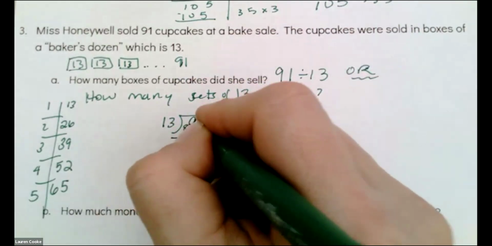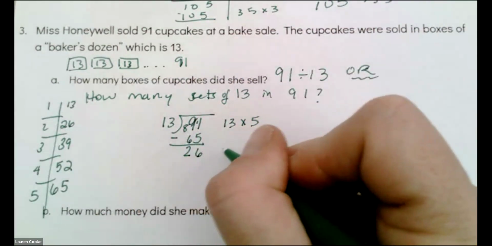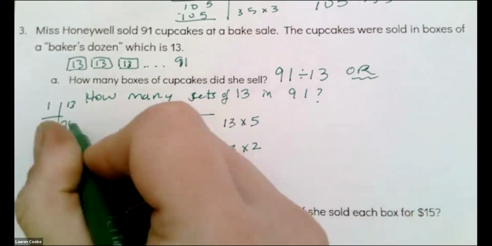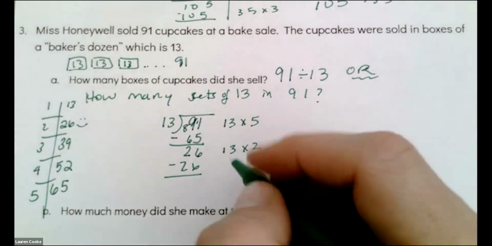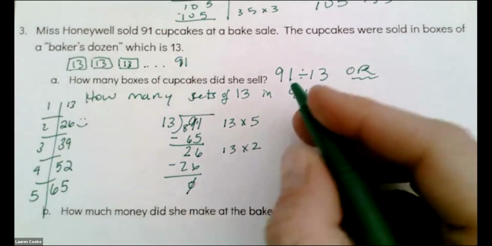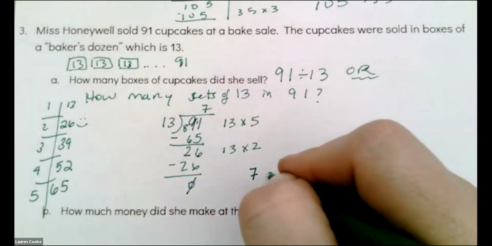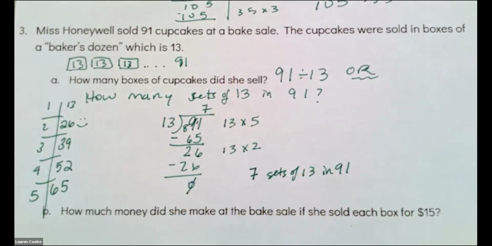And let's subtract. I'm doing this on purpose so that we can practice subtracting. And then look, 26 shows up. And I know 26 because it's right here. So now I know that there are 7 sets of 13 in 91.